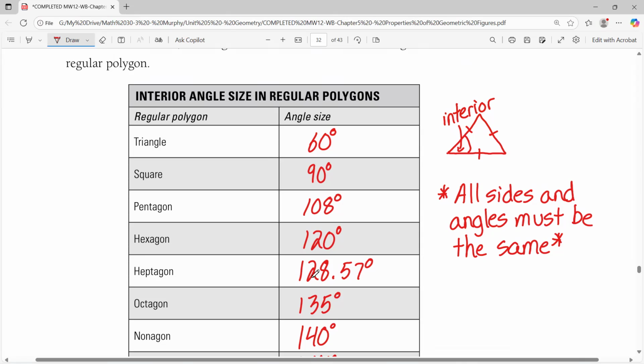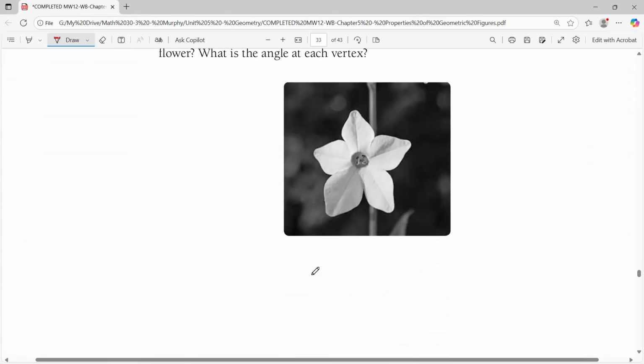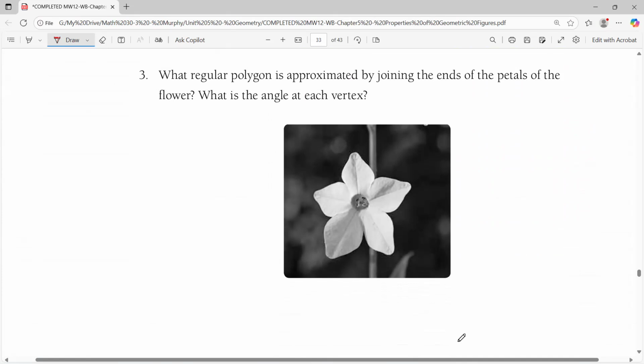Okay. Number 3. What regular polygon is approximated by joining the ends of the petals to the flower? And what is the angle at each vertex? Okay, so they're saying if you join from here to here, down to here, draw that a little better.